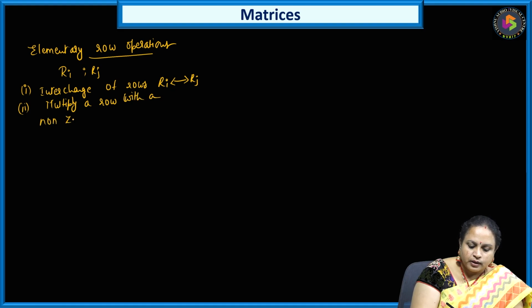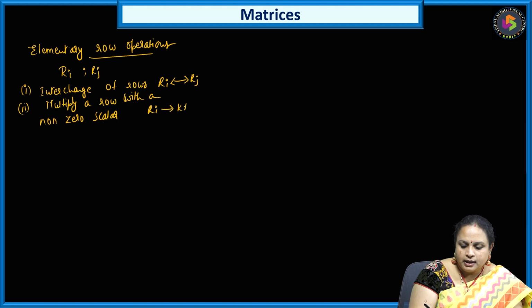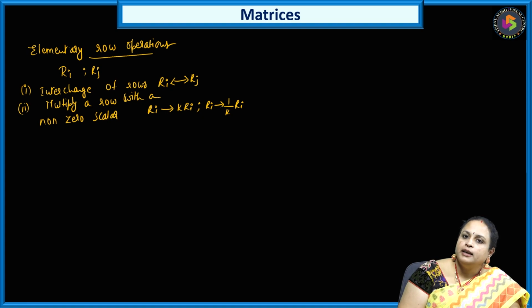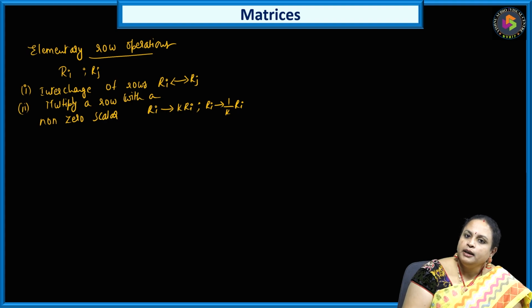That is, Ri implies k times of Ri, or Ri implies 1 by k times of Ri. You can multiply a row with a non-zero scalar.